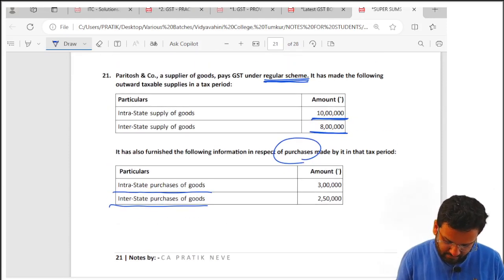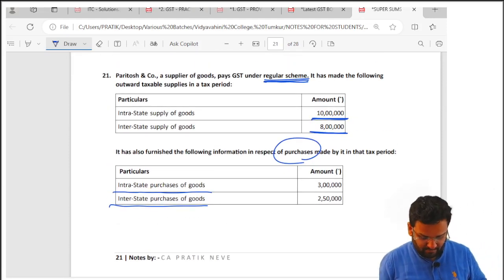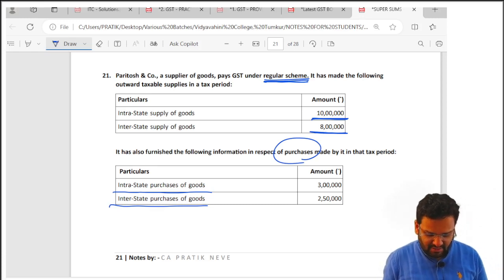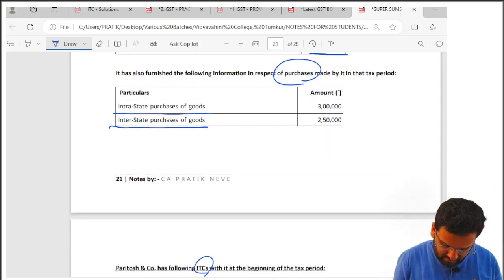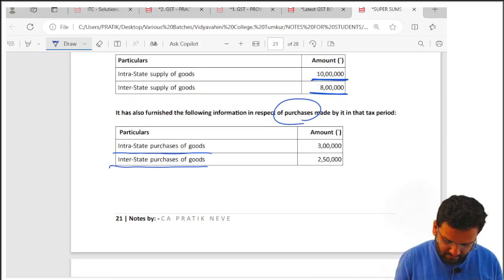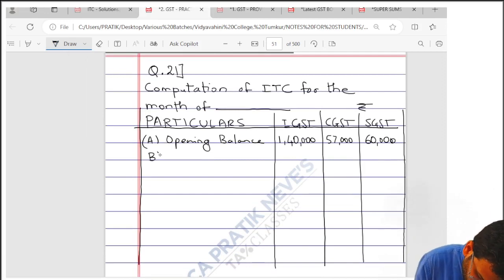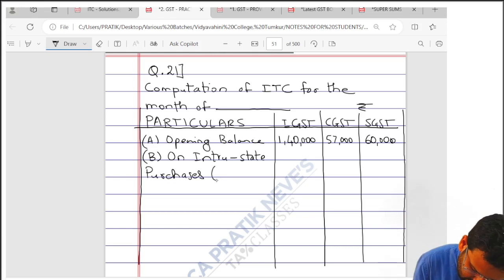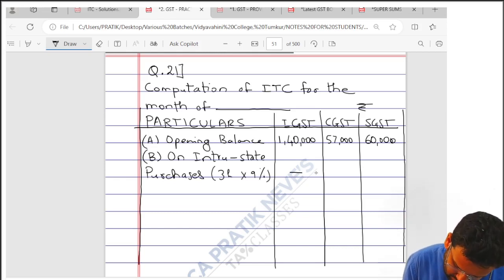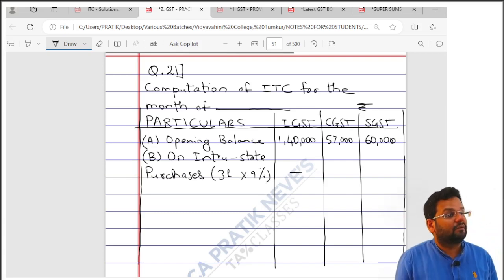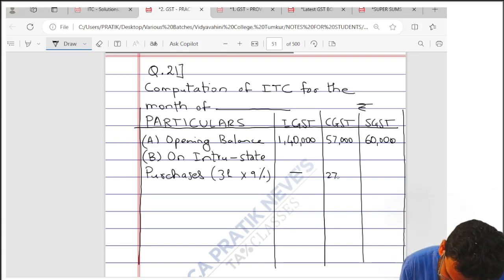Then after opening, add ITC on intrastate purchases. Your intrastate purchases are 3 lakhs, so 3 lakh into 9% each is 27,000 each.